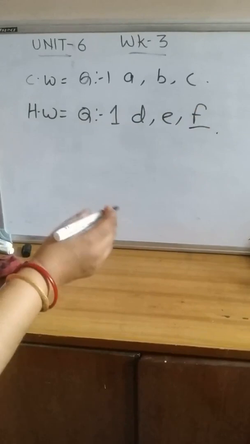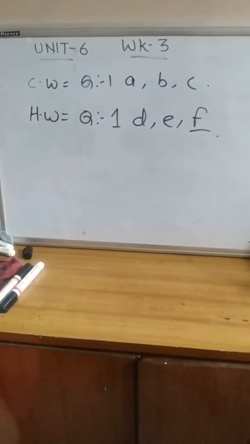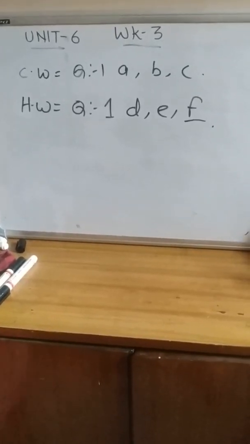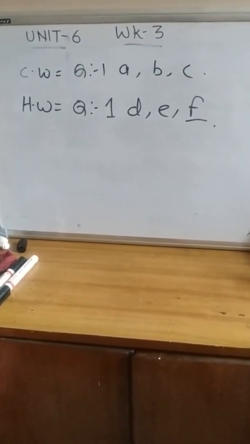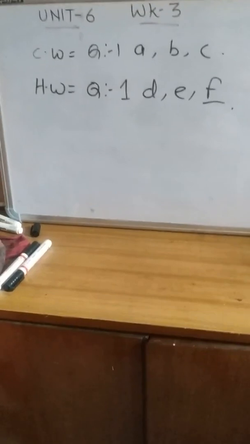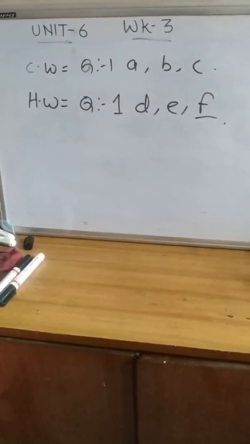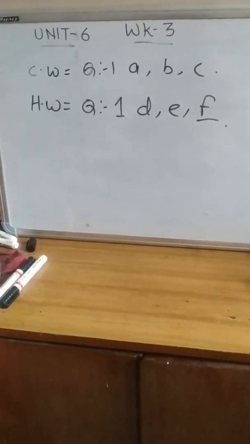So hope children have enjoyed my class. I think you have got the concept of how to do addition by regrouping. Firstly you will add the gram column. If after addition there are more than 3 digits, then split out the kilogram from it, and the kilogram will go as a carryover in the kilogram column.